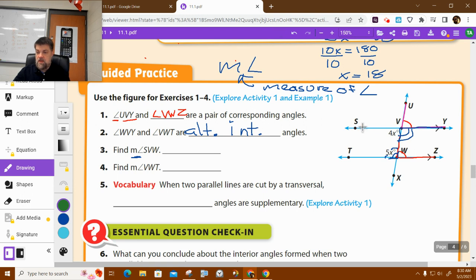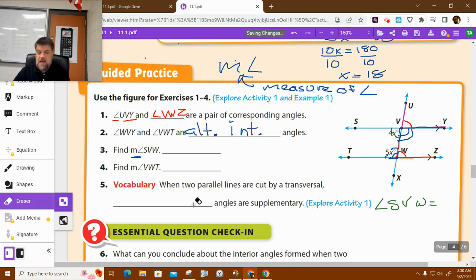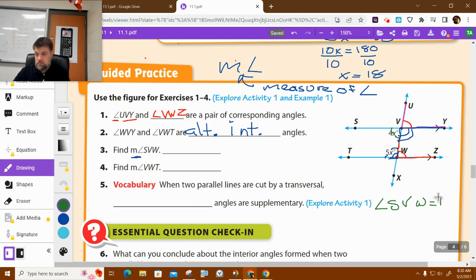The measure of SVW is this little angle here, currently equal to 4x. Now how do I find the actual number? I need to know the measurement of VWT, this angle here, and that is equal to 5x. Do you guys see that?